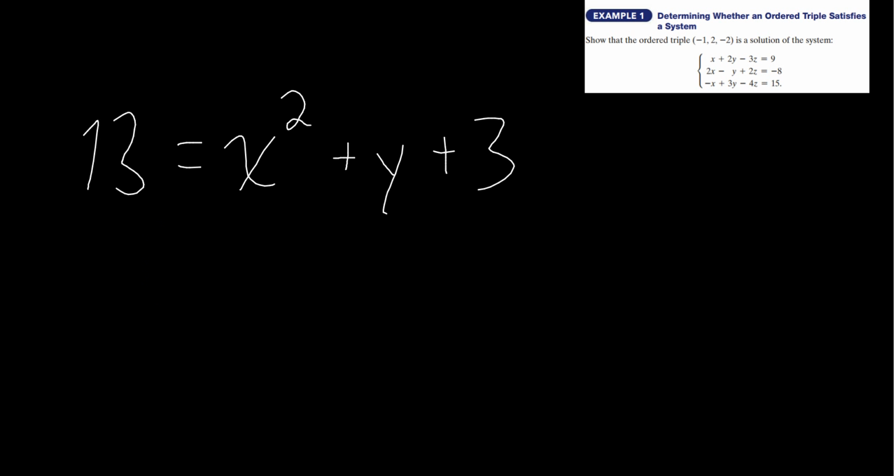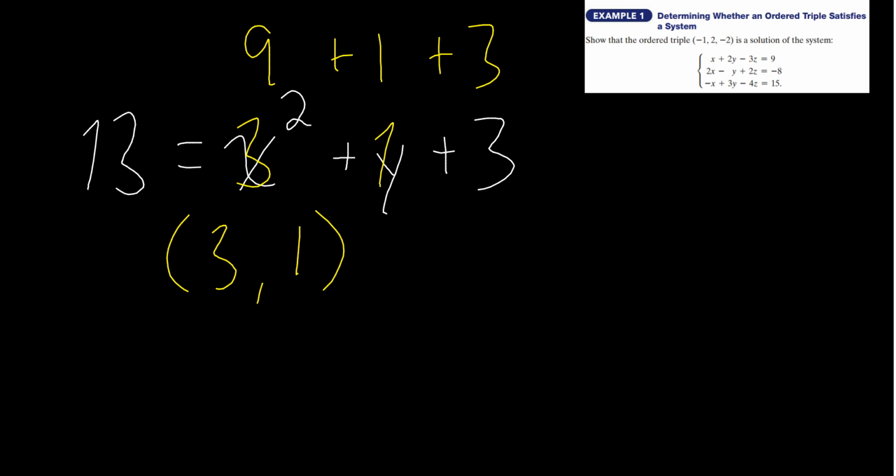We were asked to show that the ordered pair (3, 1) is a solution to the equation. Well, that is indeed true, because 3 squared is 9, and 9 plus 1 plus 3 is indeed equal to 13. So the ordered pair (3, 1) is a solution to that equation.